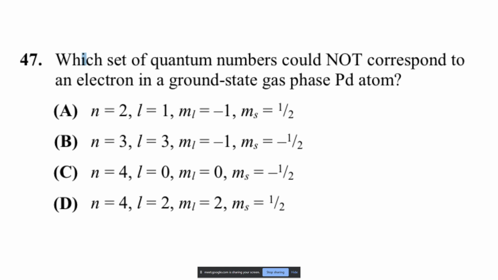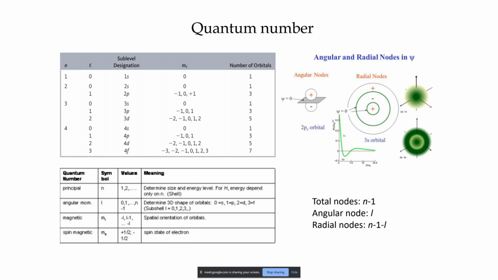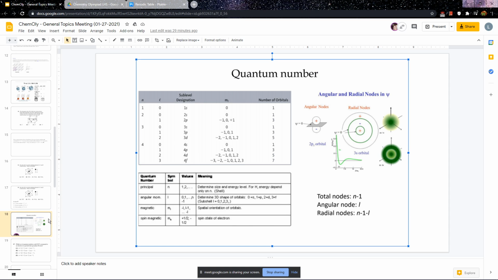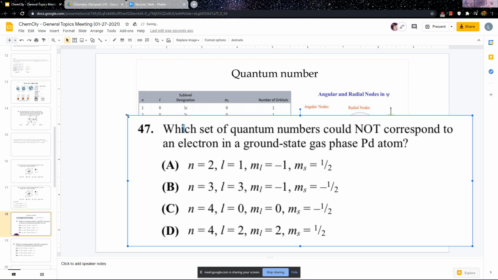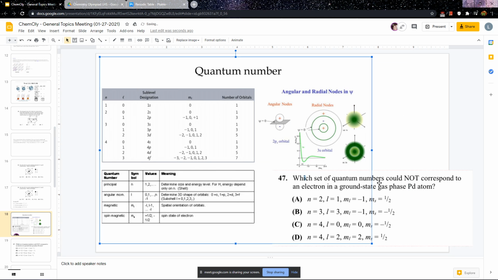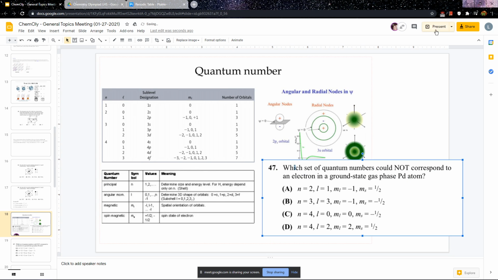Is there any way for me to show both sides at the same time? It's kind of weird. Here, let's do this impromptu right here. Okay, boom, there we go.